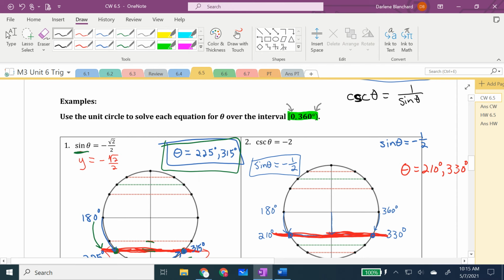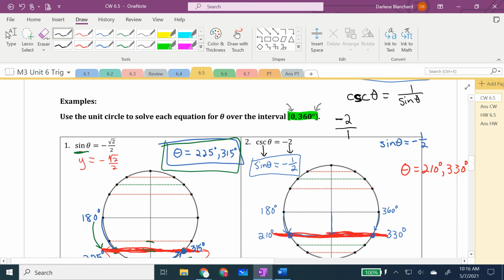then what you can do quickly is say reciprocal of cosecant and reciprocal of the number. And when you reciprocate a number that is a nice integer like negative 2, negative 2 is the same thing as negative 2 over 1. And then when you reciprocate, you're just flipping the numerator and denominator, swapping places. We keep the negative sign.